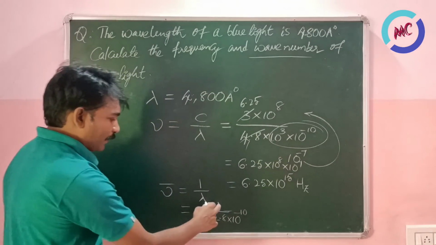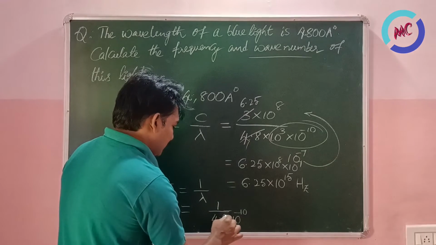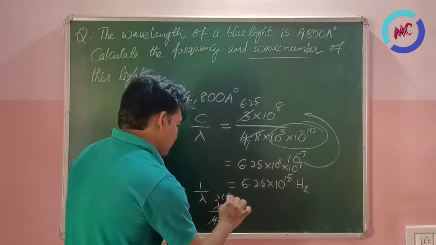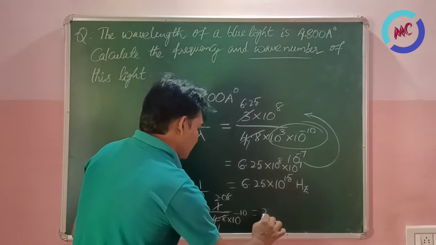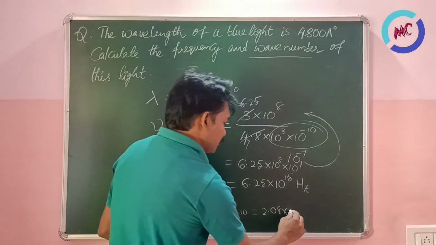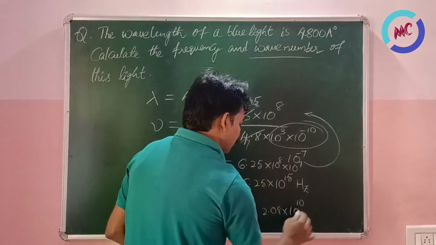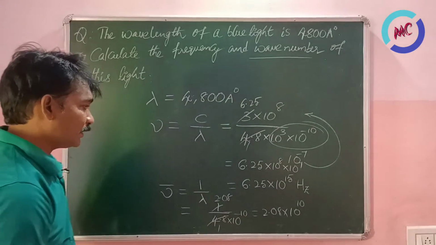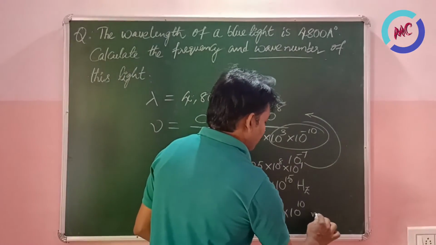See here, if you simplify 1 by 4.8, it is around 2.08. Then it is equal to 2.08 into this minus 10 becomes 10 to the power of 10. And here it is in meter inverse.